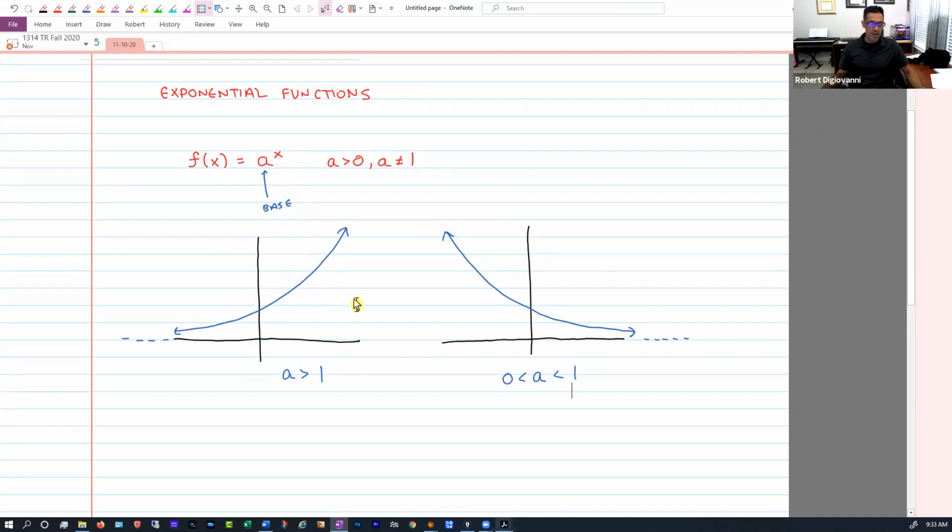When you look at the graphs of these functions, they're either going to look like this or like this. It all depends on the number here, which we call the base. If that number is bigger than 1, then we have this picture here, and we call this exponential growth.